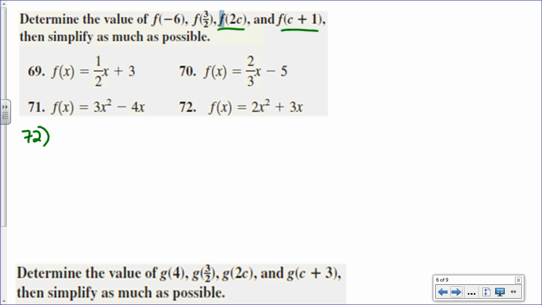So for 72, I want to do f of 2c and f of c plus 1. Okay, so I'm plugging in 2c for x.